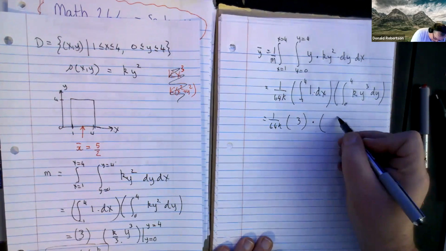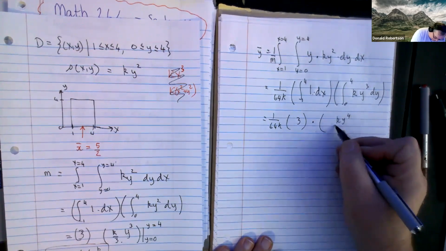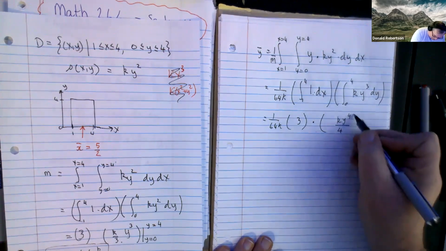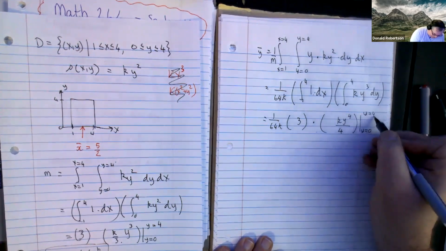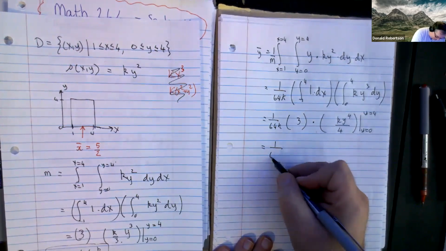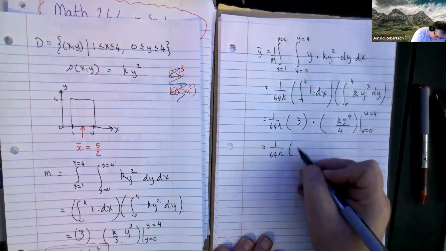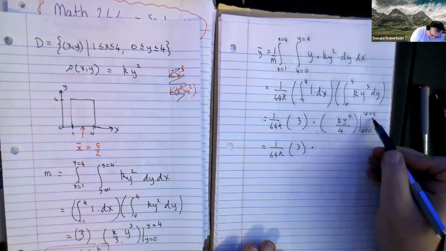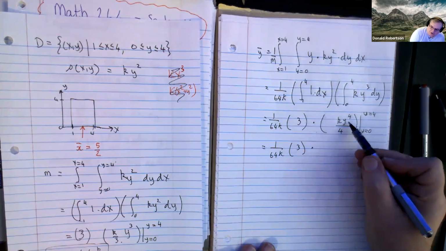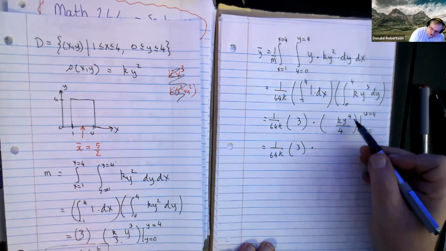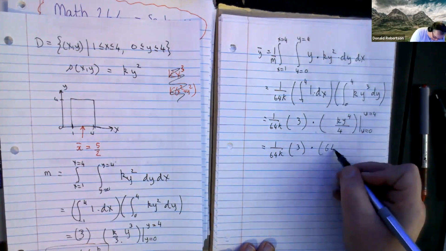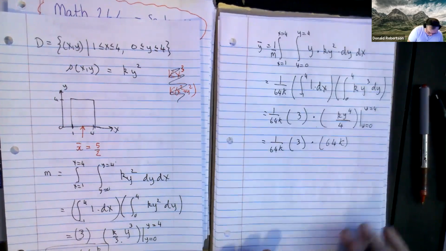And this guy is add 1 to the power and divide by the new power, evaluated from 0 to 4. If you plug 4 into here, you get 4 to the power of 4. That gets cancelled out by one of these, so you get 4 cubed. So you get 64. Okay.